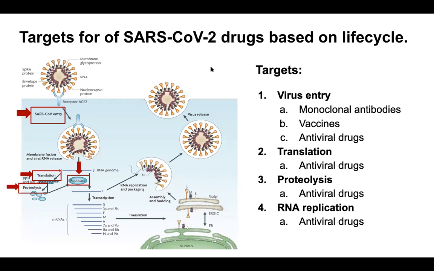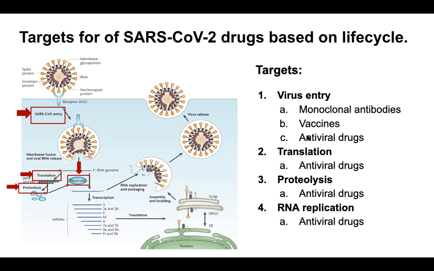So in this life cycle of SARS-CoV-2, you can target several different stages of the life cycle to fight off the infection. You could fight off the actual entry, which you can do with monoclonal antibodies, which might disrupt this spike protein from binding to the receptor.